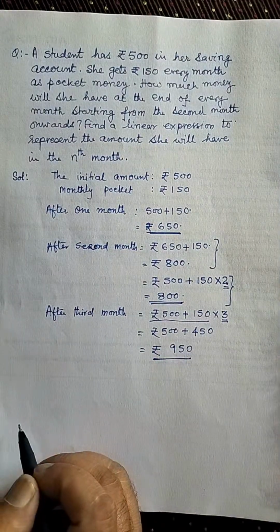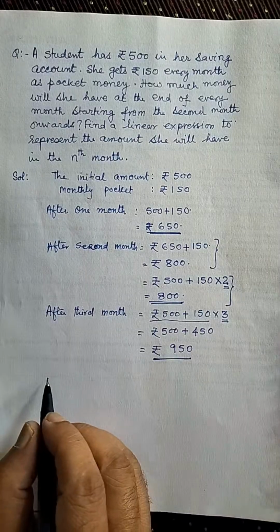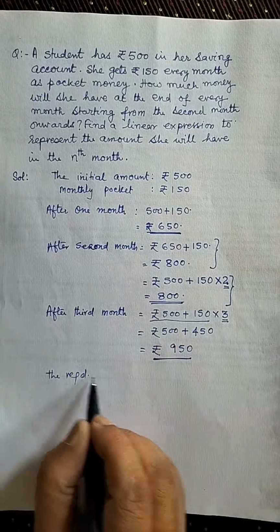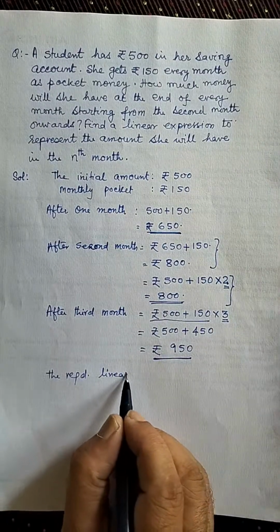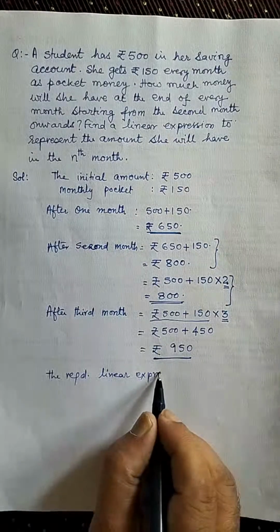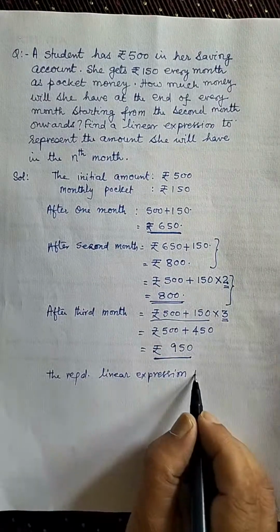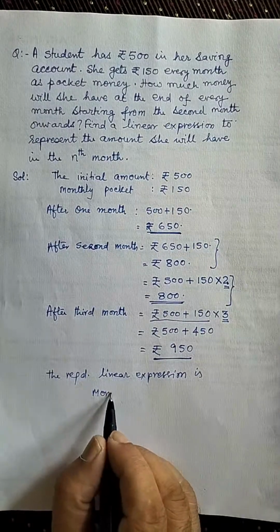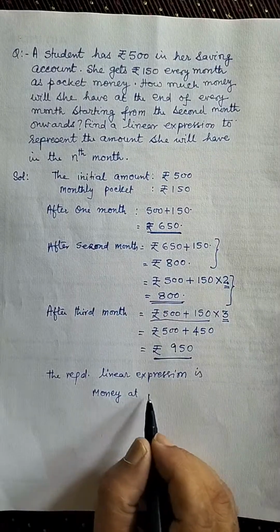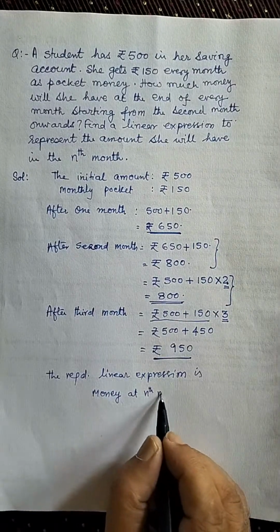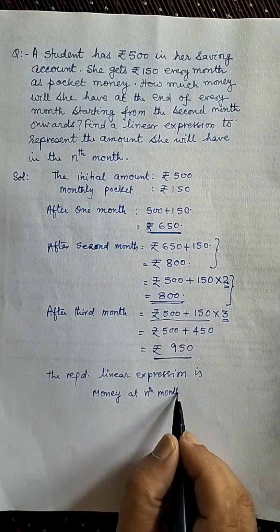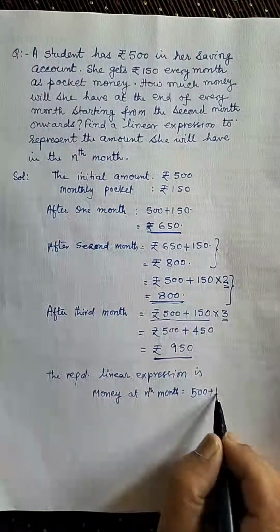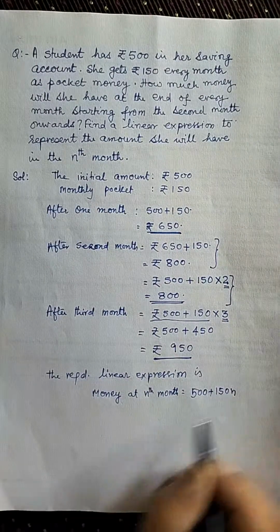So on that line we can easily conclude that the required linear expression is money at the end of nth month is 500 plus 150n.